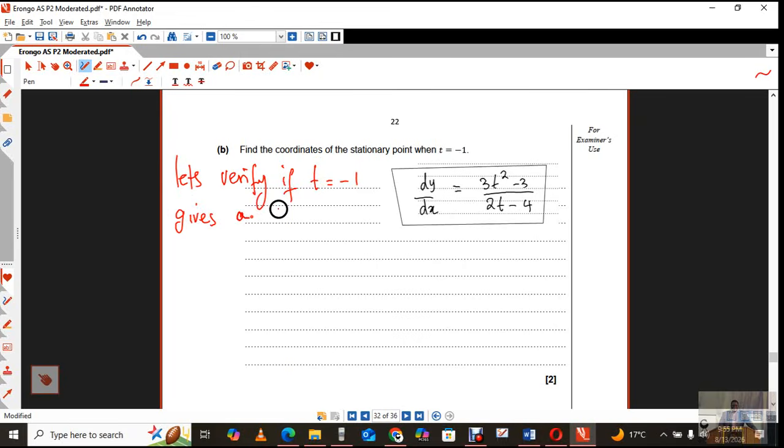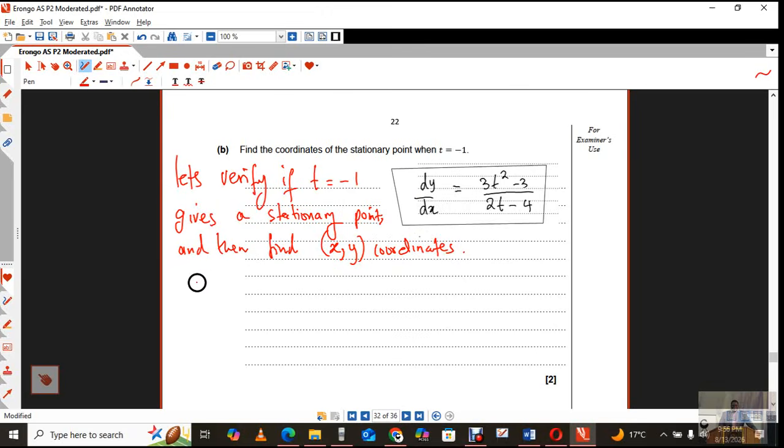If it gives a stationary point, then we are going to find the xy coordinates as the question demands us to do.